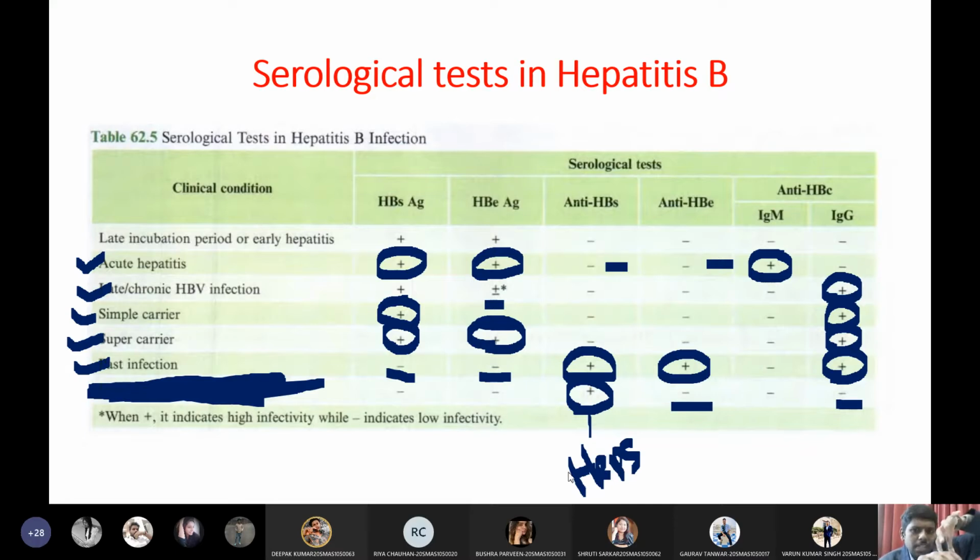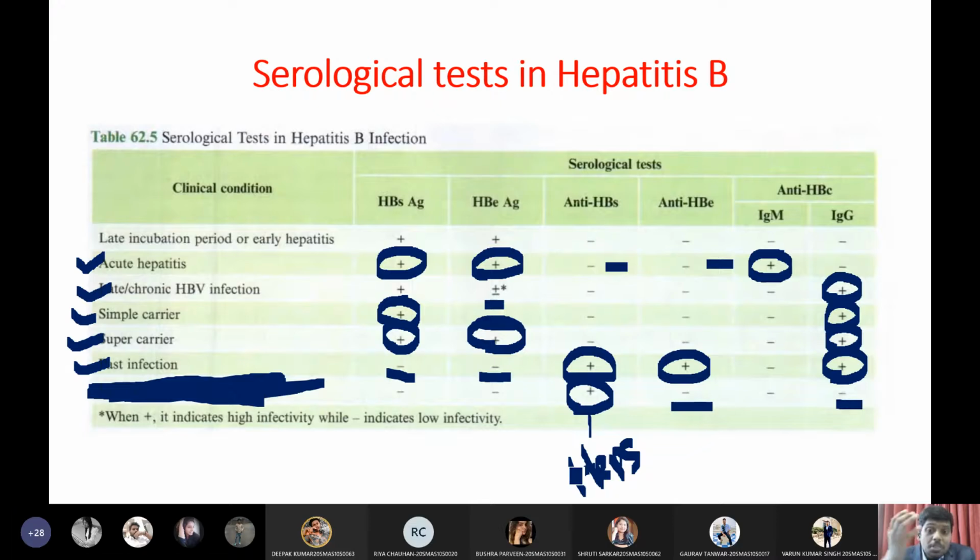So whenever it enters the body, we have very powerful G type surface antibodies, not M type, and they will kill it. Immediately they will capture the virus and kill it right at the entry. That is why we see presence of only G antibodies in the patient who is vaccinated.